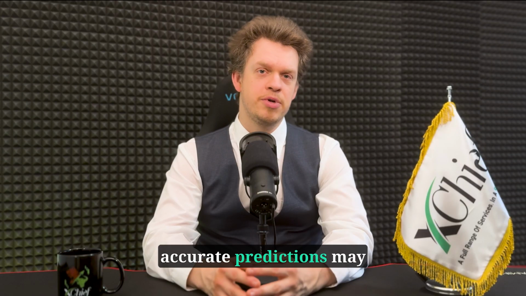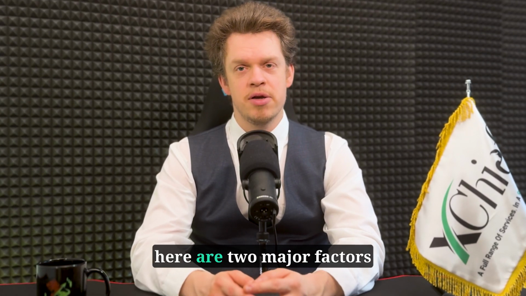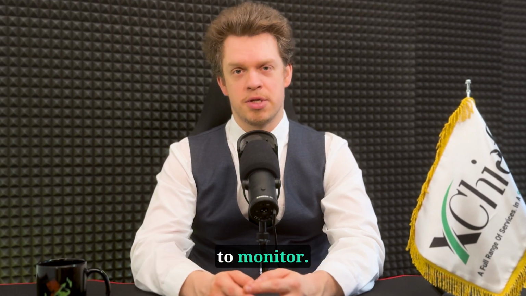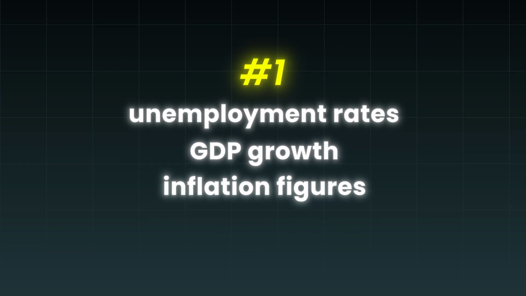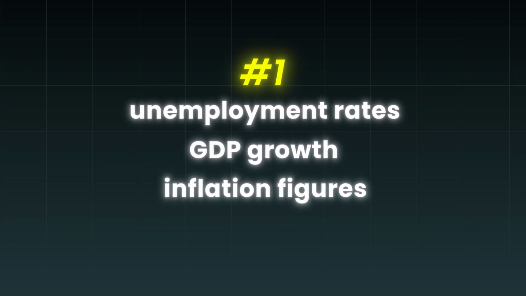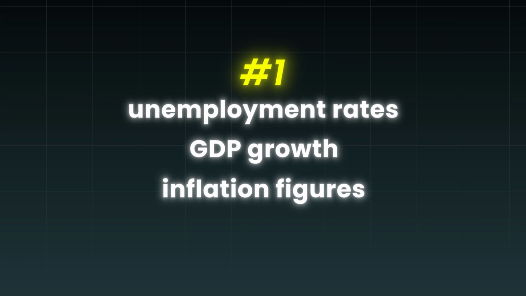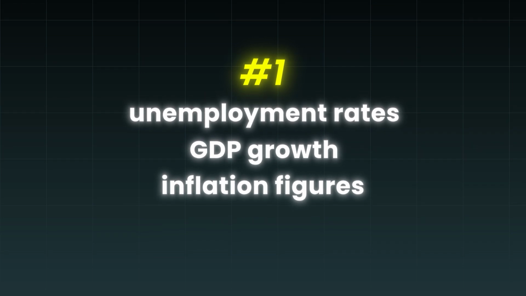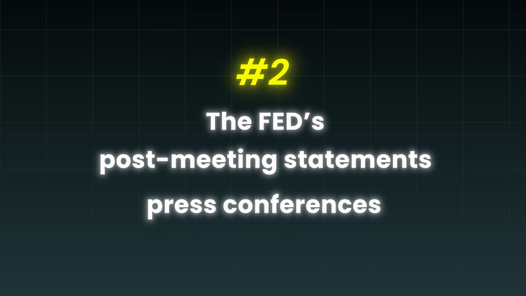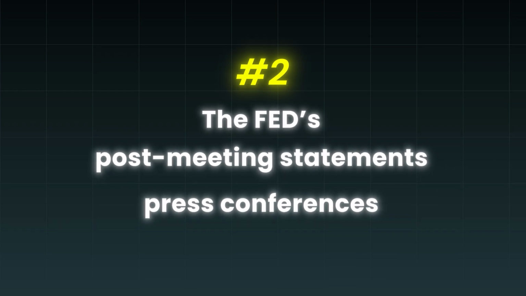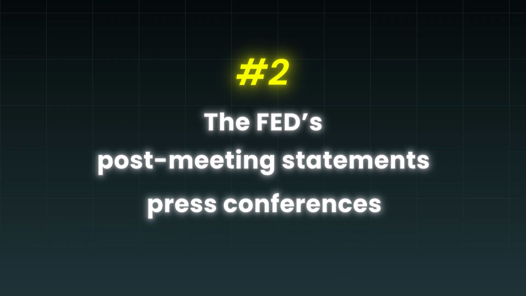However, accurate predictions may not always be easy. To make it a tad easier, here are two major factors to monitor. Number one, data such as unemployment rates, GDP growth, and inflation figures provide clues about the Fed's next steps. And number two, the Fed's post-meeting statements and press conferences often hint at future monetary policies.